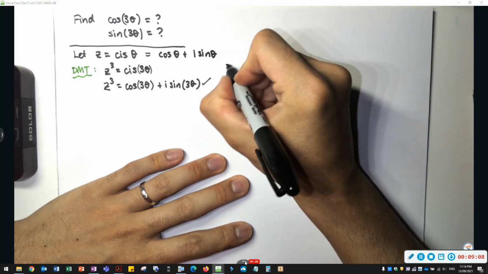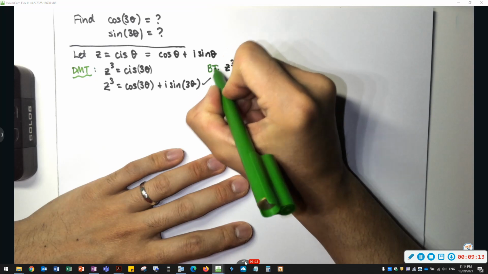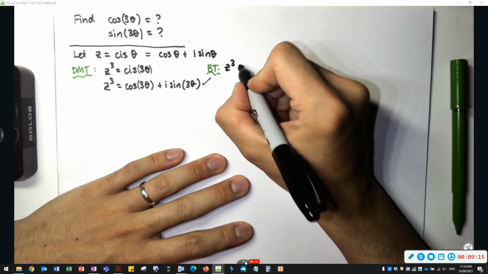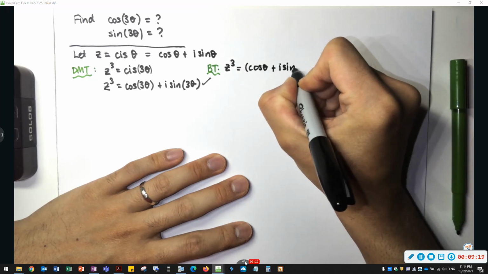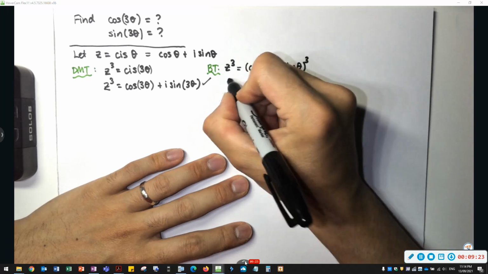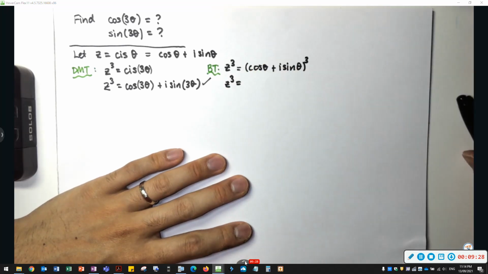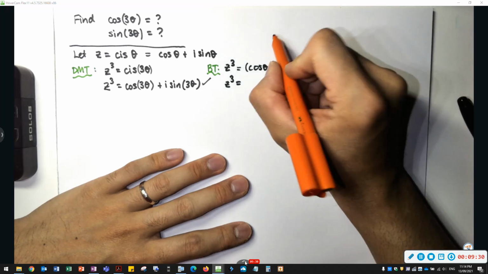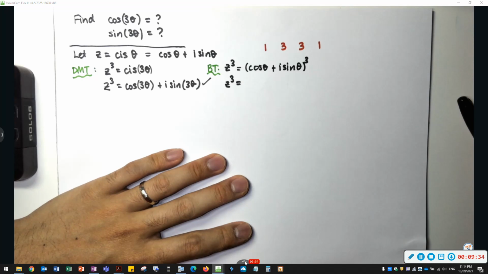Okay, so z cubed, and this is the binomial theorem, equals cos theta plus i sine theta all cubed. This is where there's a little bit of work to do. Okay, remember binomial theorem, we're going to use the Pascal's triangle, 1, 3, 3, 1 as our coefficients.